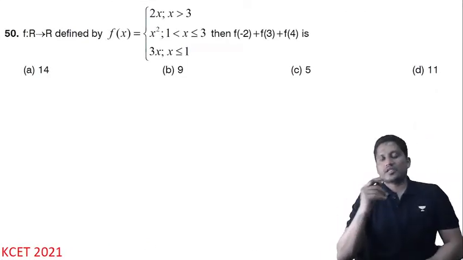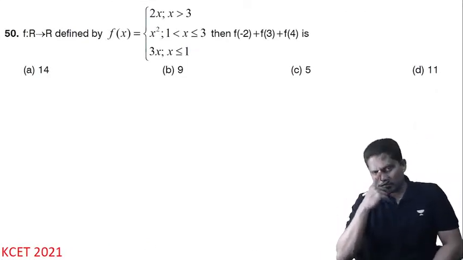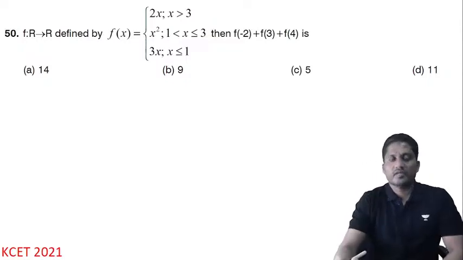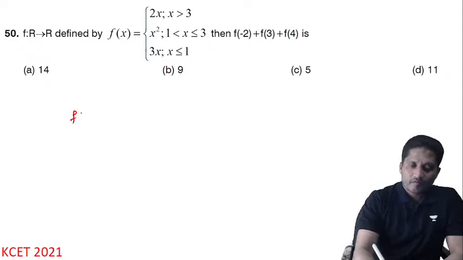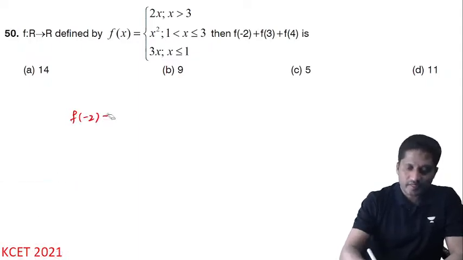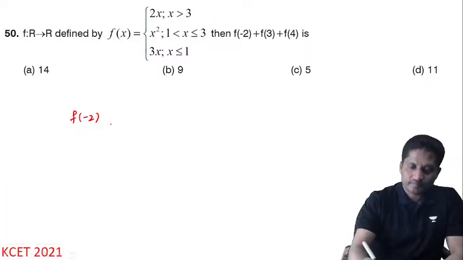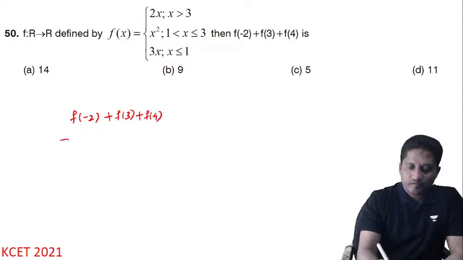Right, question number 50. This question was asked in the 2019 paper as well. It is repeated actually. Exactly the same problem. F of minus 2 plus f of 3 plus f of 4. F of minus 2 will be less than 1, right?